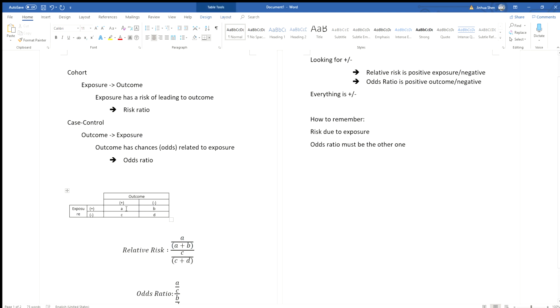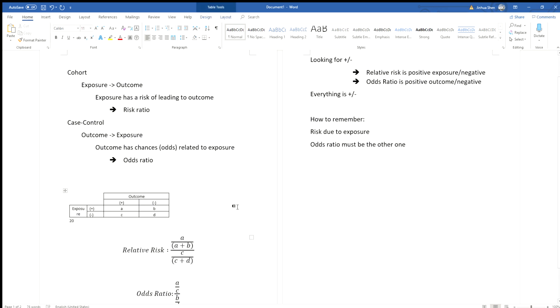But if you really understand why this is the case, the reason it's A over A plus B is because A plus B gives you everyone who's exposed, and A is the ones who are exposed and have the disease. Let's use cancer as the outcome and cigarette smoking as the exposure. A will be positive for cancer and positive for cigarette smoking. These are the people who smoke and have cancer, over everyone who smokes cigarettes.